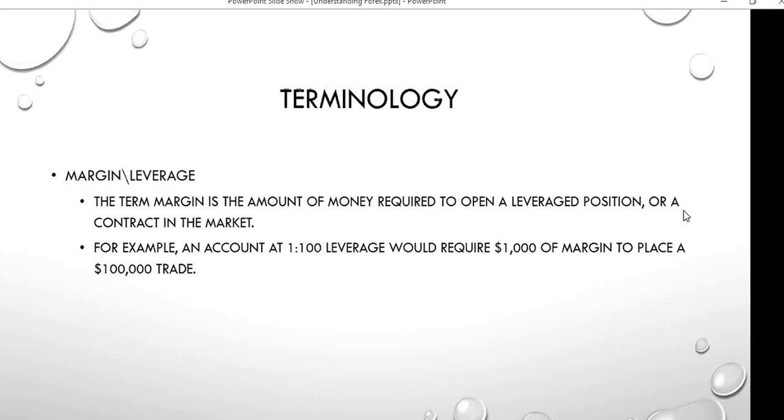So basically what that means is for every $1 you have, your broker is going to give you a leverage of $100. So if you open up a lot size of, let's say, $1,000, your broker's allowing you to open up a trade of $100,000, which is a big deal.